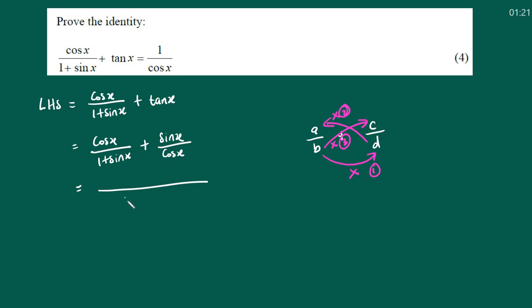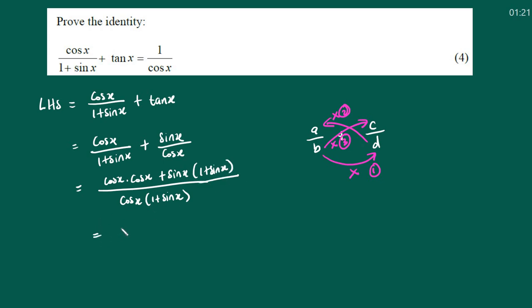Using that, it's exactly what we did on the last problem. So you're going to have cos x into 1 plus sine x, multiplying the denominators. Then this times that, so that would be cos x times cos x. Then this times that, so that would be sine x into 1 plus sine x.